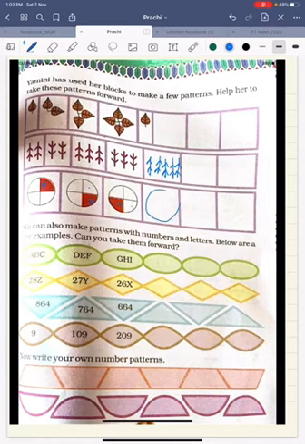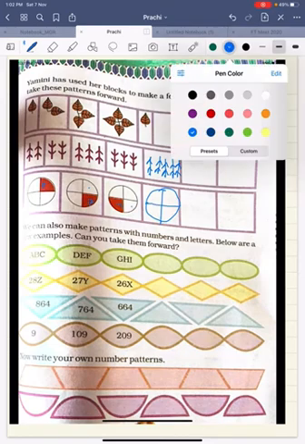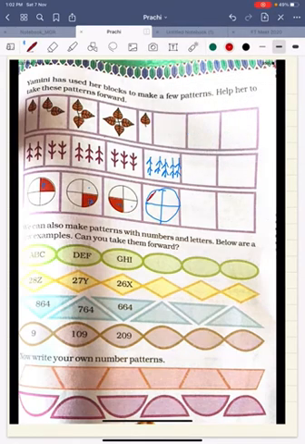So how will we draw the pattern? You can draw the pattern like this and color it like this. This one is colored and the remaining parts are white. So like this you have to again draw the circle, again color the same. Follow the pattern. Now these are shape patterns.